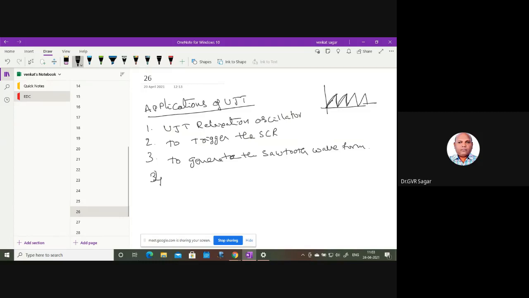And the fourth one is phase control and timing circuits.